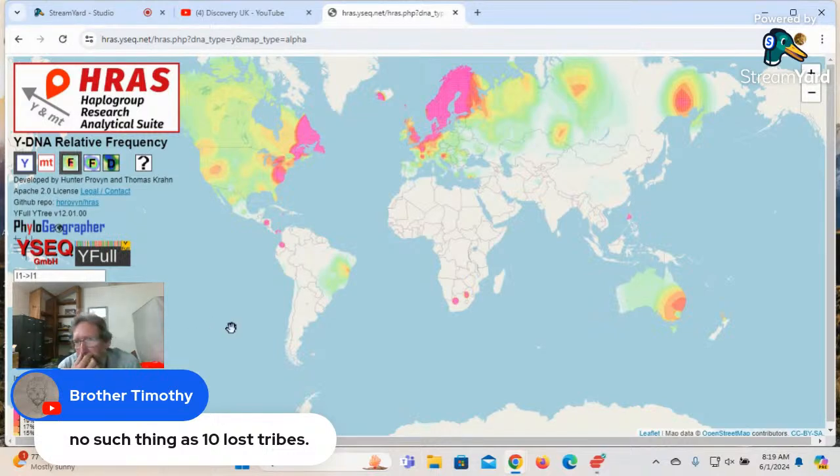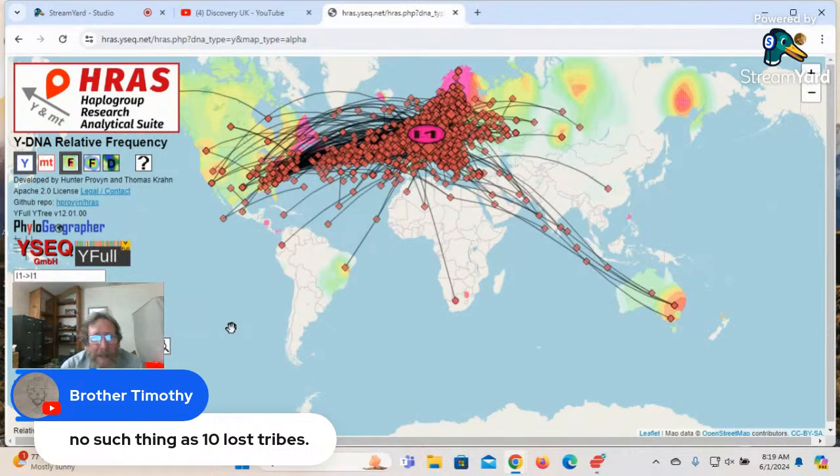Of course, these Y haplogroups that I'm looking at are ones that are in Native American populations. And of course, when Native American people take a DNA test, it comes back Mediterranean, and people are scratching their heads wondering why. But when you know the history, and you follow the DNA, you know why.